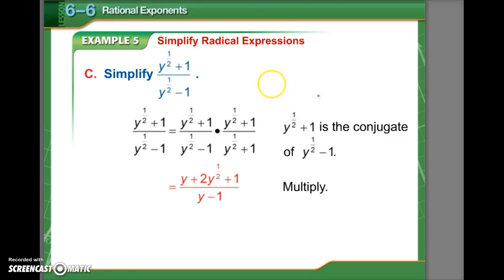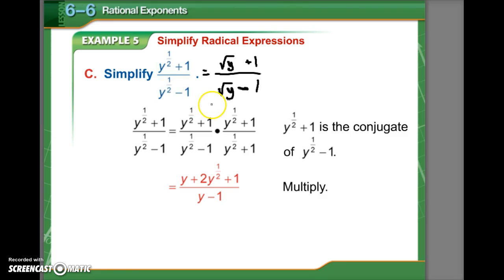So what I'm going to do is rewrite this problem as the square root of y plus 1 over the square root of y minus 1. I think this problem is a little bit easier to understand if we use square roots instead of the half powers, the fractional exponents.